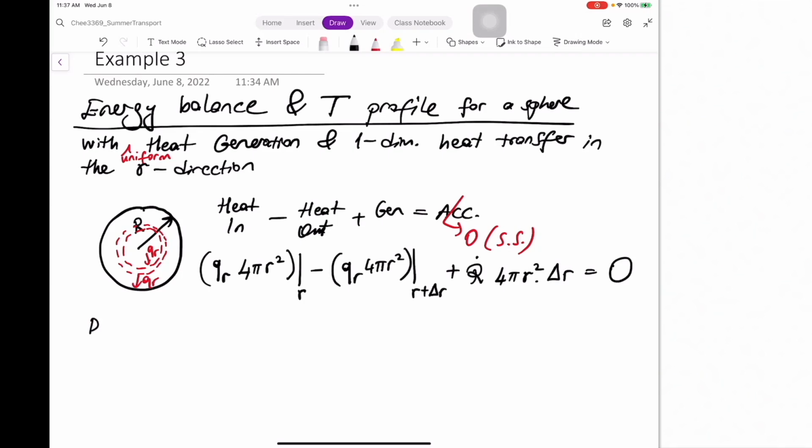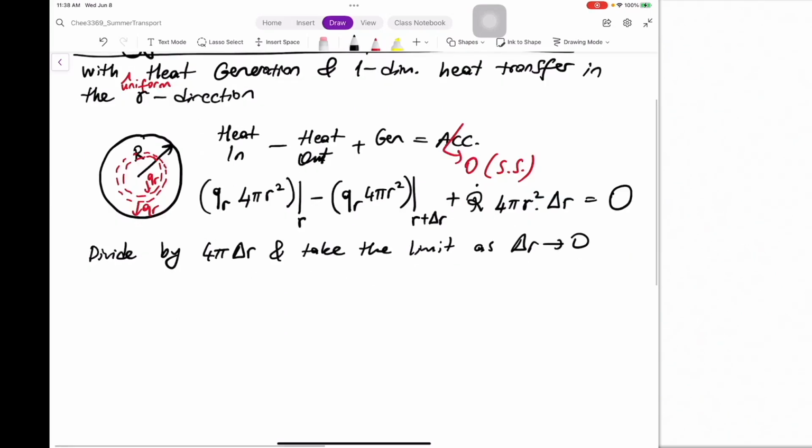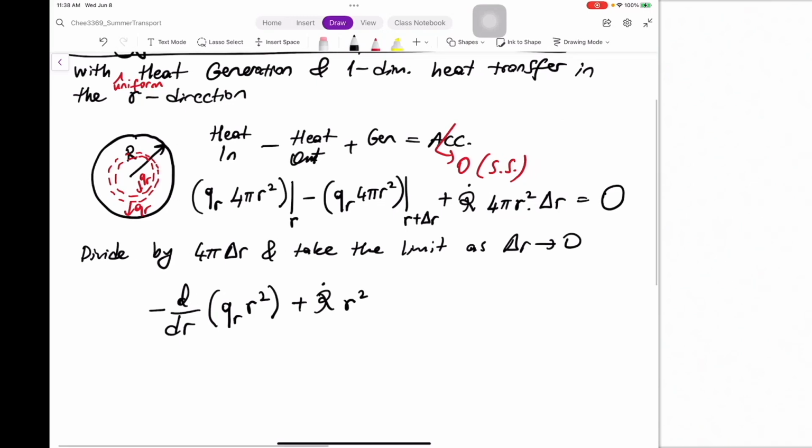Now divide by 4 pi delta r and take the limit as delta r goes to 0, and you would find the following: minus d over dr of QR r squared plus fancy R dot times r squared is equal to 0.